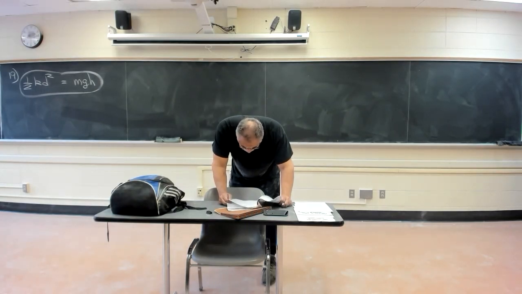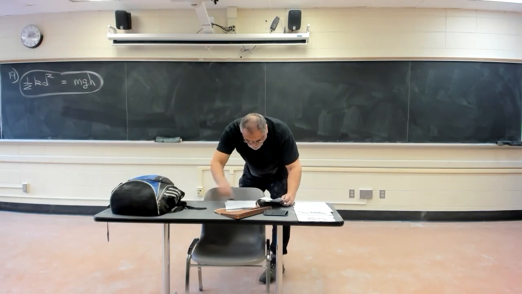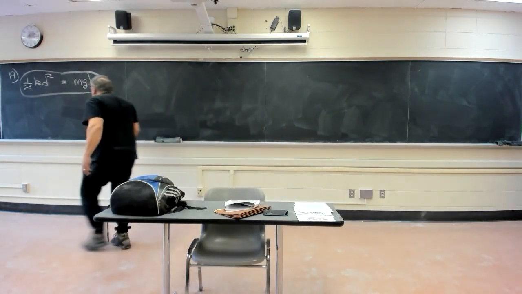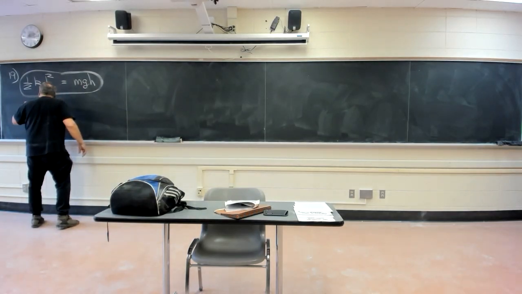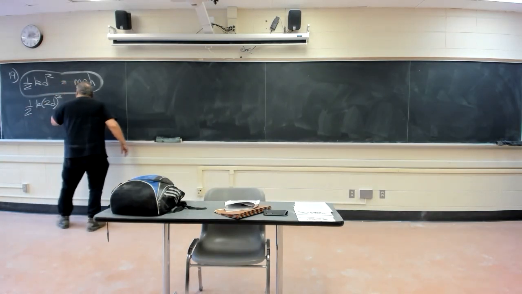Under double the compression, you're going to now launch a particle which is twice as massive. How high does that second mass, twice as massive, rise above its starting position? Look, this is the first situation with mass m. What does happen when you compress something twice as much?